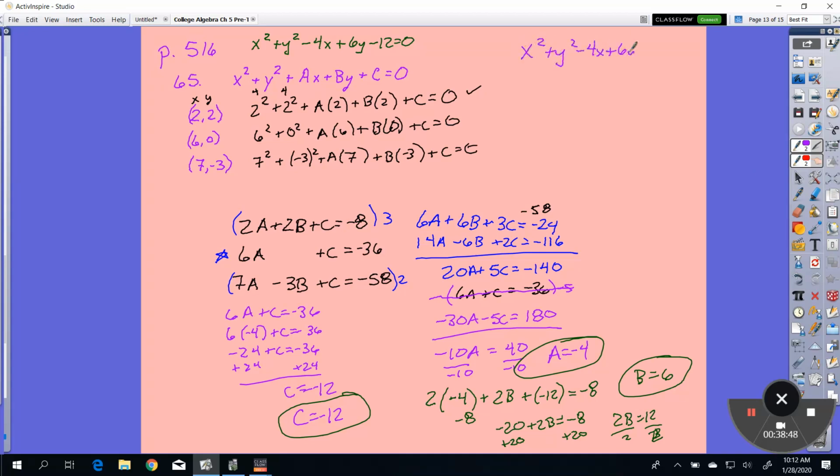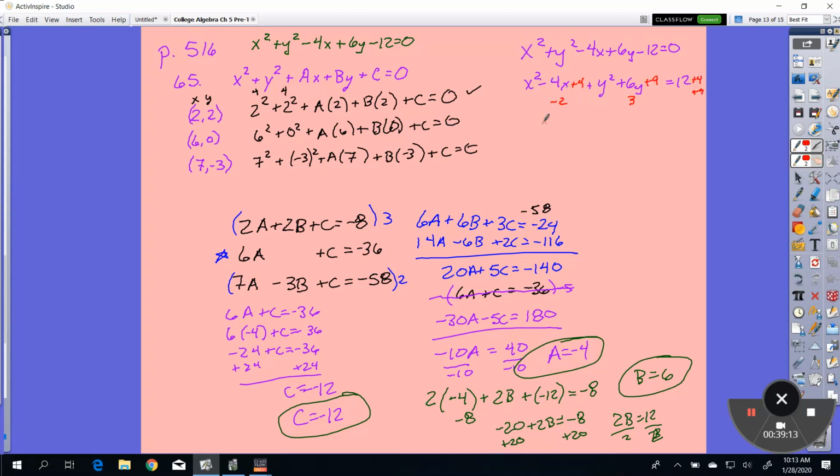So we're going to put our x's together, x squared minus 4x plus y squared plus 6y, and we're going to move the 12 over to the other side. So half of 4 is 2, half of 6 is 3. We square them and add it to each side, so 4, 9, 4, and 9.